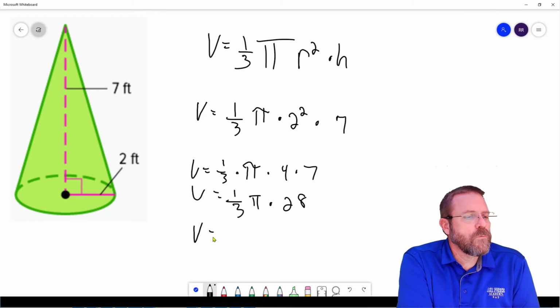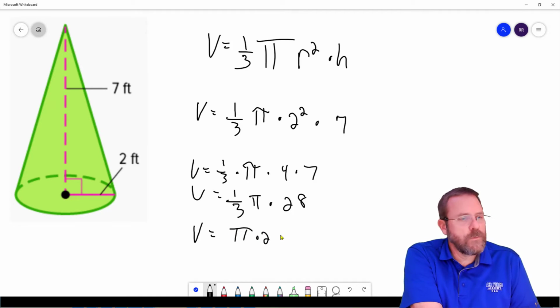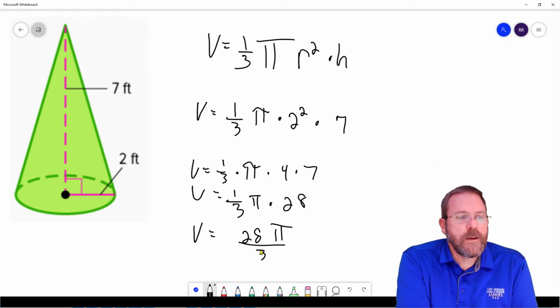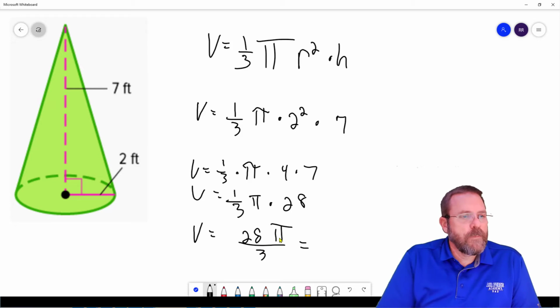Instead, I'm going to rewrite this as 28 pi divided by 3, because 1/3 of a number is the same thing as dividing that number by 3. Now I can do 28 divided by 3.